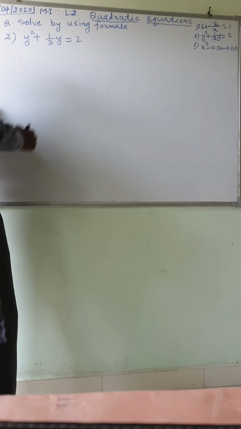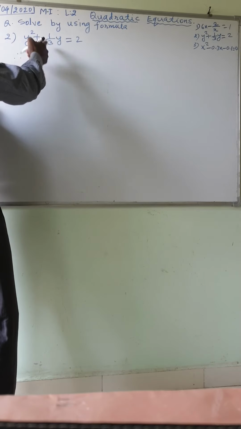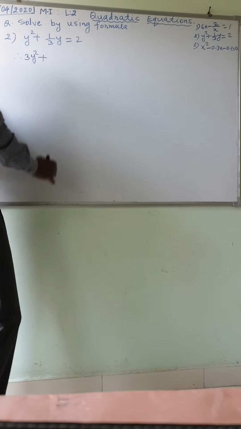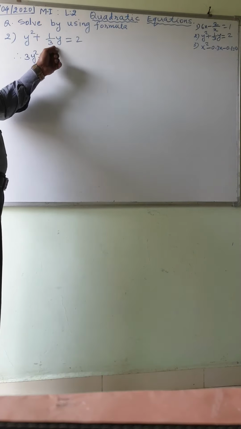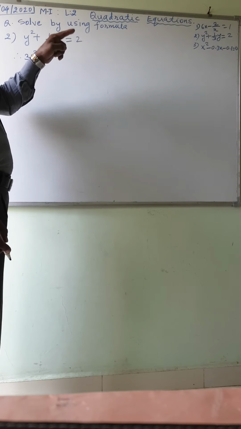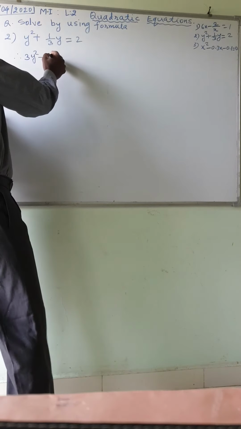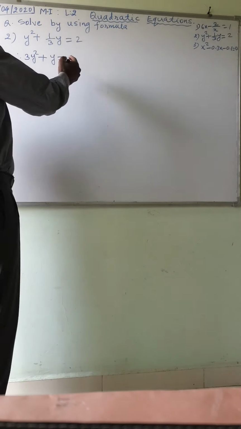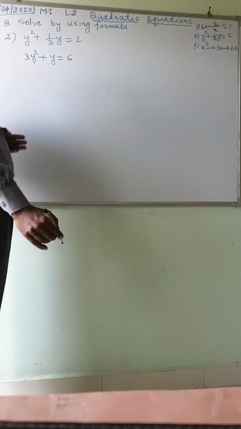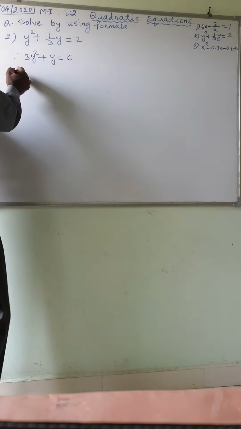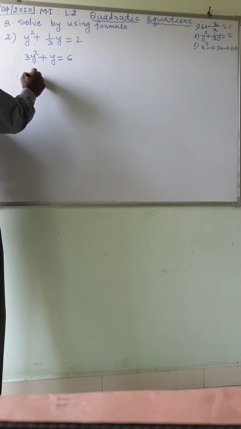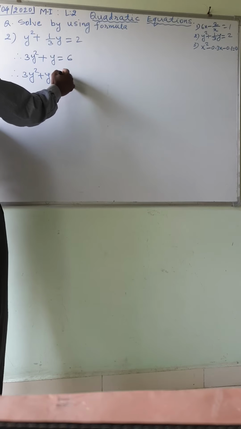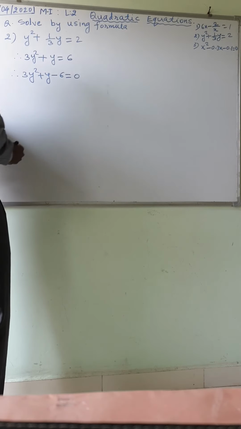Therefore, multiplying this by 3, 3y square, plus multiplying this by 3, 1 upon 3 into 3, 3 gets cancelled, y is equal to 3 2s are 6. Now shift it here. Therefore, 3y square plus y, bring this 6, it will be minus 6 equal to 0.